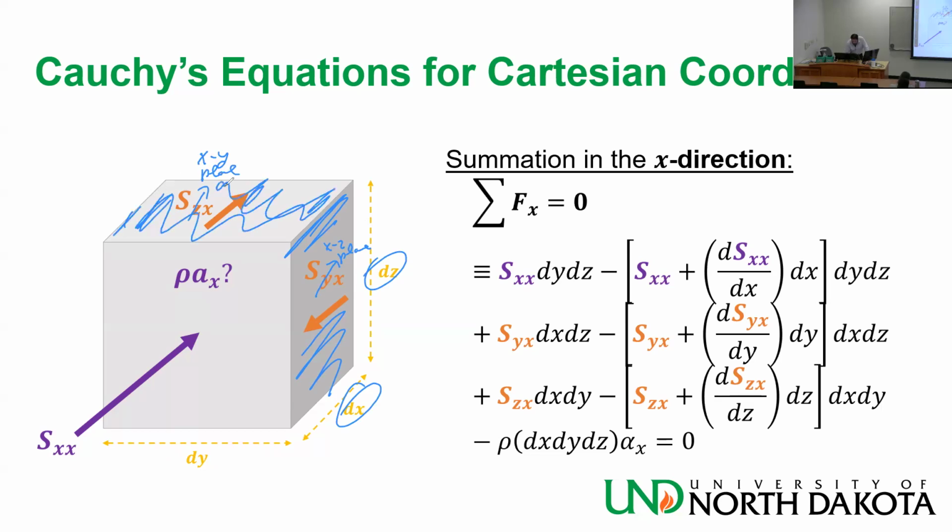Do I have a mistake? No, it's true, it's Y plane, XY and XZ. Yes, the plane is that. But I will check my notes. But it's parallel to the YX plane. The shear stress is in the same direction as YX. Or you want it to be facing the other way, basically.